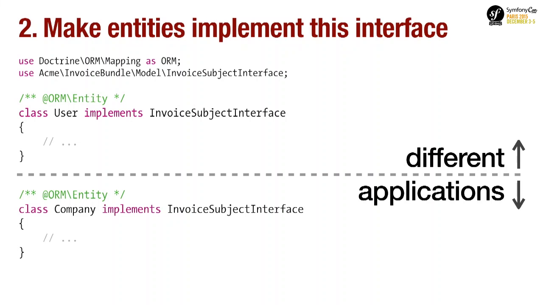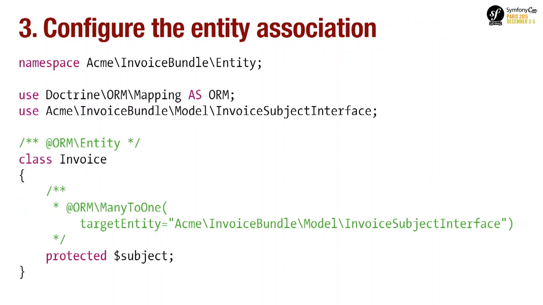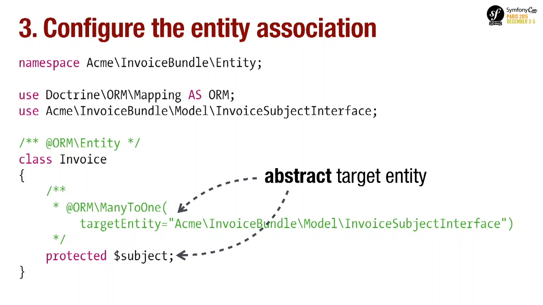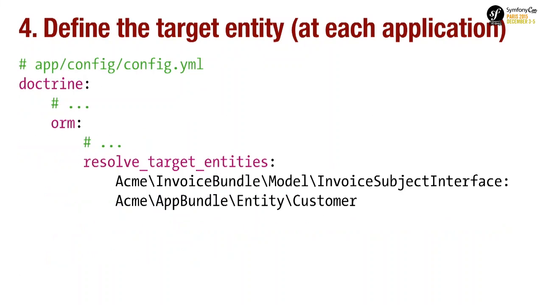Okay, and then in the invoice entity, the one who defines the relation, you do that. See, instead of user or company or whatever, you define a subject. It's very abstract, I know, but you define a subject and relate it with the interface. And then there is another step, the last one, which is this one.